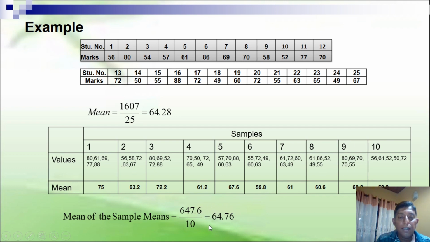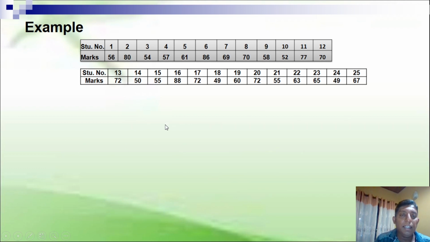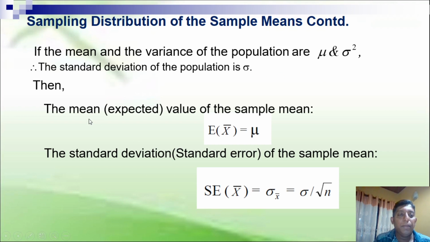Then the answer equals 64.76. Now here see, the expected value of these sample means equals 64.76. Now that is very close to the population mean mu, 64.28. That is mentioned in the first statement: the mean value of the sample means is equal to the population mean mu.